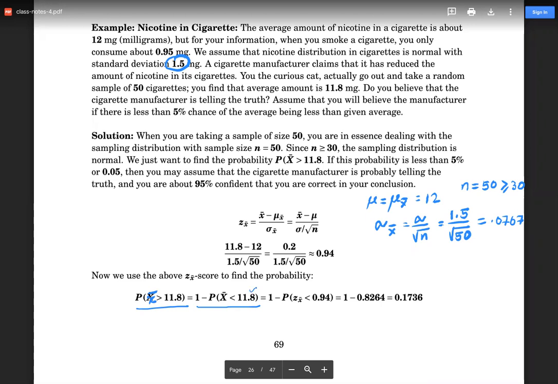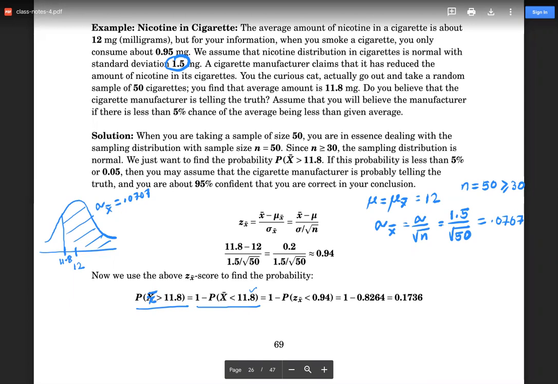Now, remember, this is 12 here, and sigma sub x bar is equal to 0.0707. 11.8 is going to be somewhere here. Greater than meaning we are looking for this area.